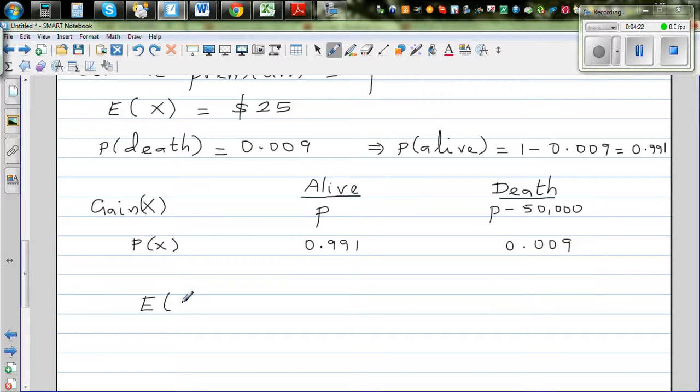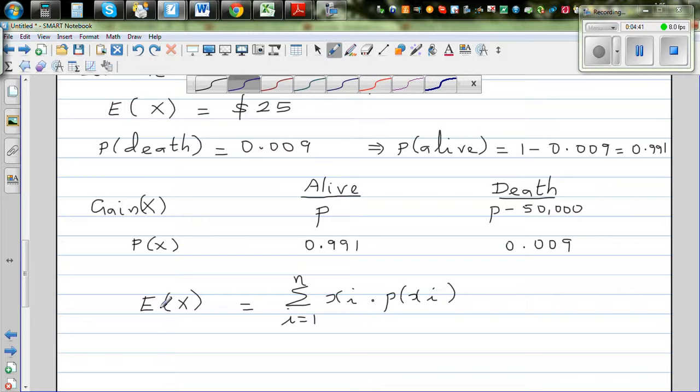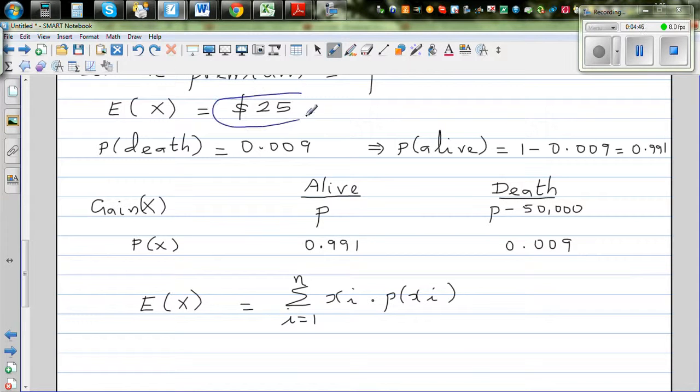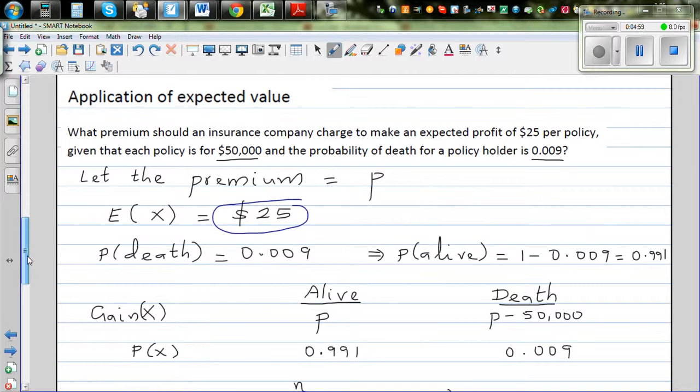Let's write the formula. The expected value of a random variable X is the sum over i from 1 to n of xi times the probability of xi. The expected value of this situation is 25; they want an expected gain, or profit, of $25.